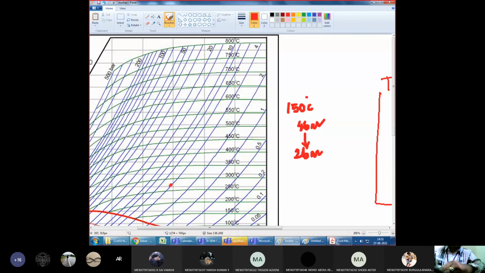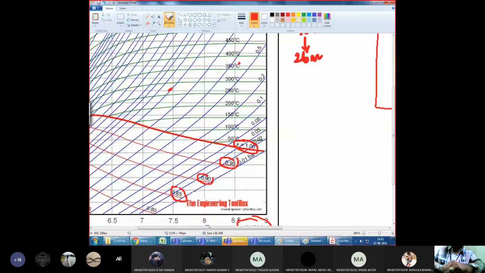Where they intersect, first mark that point.